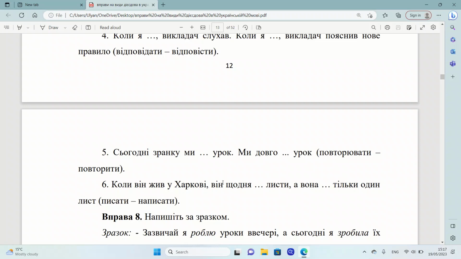So щодня is every day, so it's habitual, so писав, because we know it's in the past, he lived and he was writing letters. Він щодня писав листи, а вона, so we have only one letter, so this is specific, just once, and it's a result, so а вона написала тільки один лист.